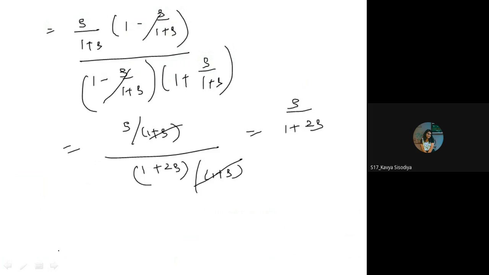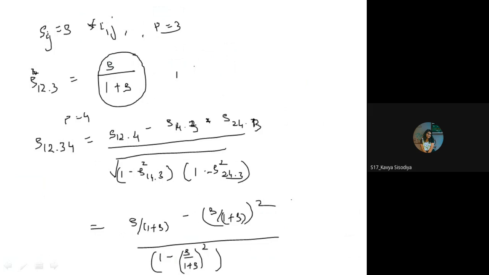So whenever you wish to find out the partial correlation between any two variables, when any two variables are fixed, it is nothing but rho upon 1 plus 2 rho. So suppose you wish to find out the partial correlation between any two variables. Here, how many variables are fixed? Two variables, so here it is 2. Earlier, how many variables? Only one, so it was 1 plus rho.